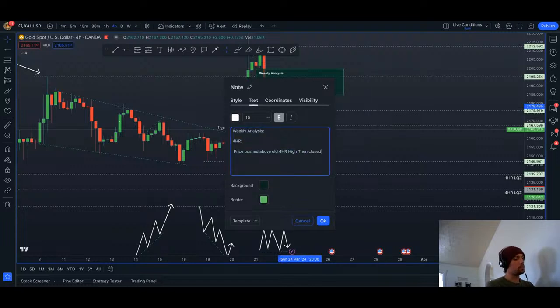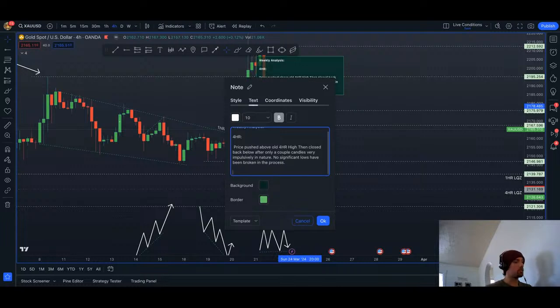Then it closed back below after a couple candles, very impulsively in nature. No significant lows have been broken in the process. So now let's go ahead.